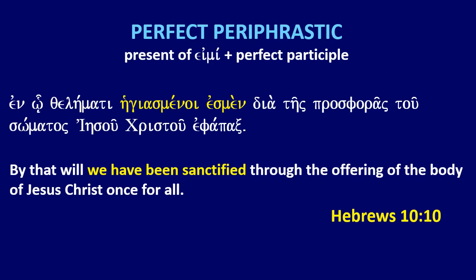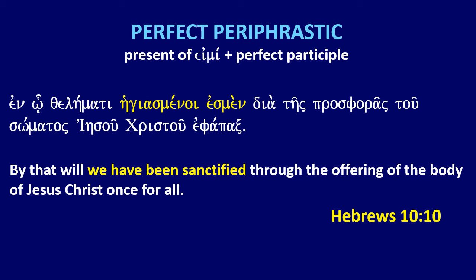Here is an example from Hebrews 10:10. By that will we have been sanctified through the offering of the body of Jesus Christ once for all. The phrase "we have been sanctified" is the perfect tense passive voice participle of hagiazo, and it's used in combination with esmen there, which is the present indicative first person plural of eimi.